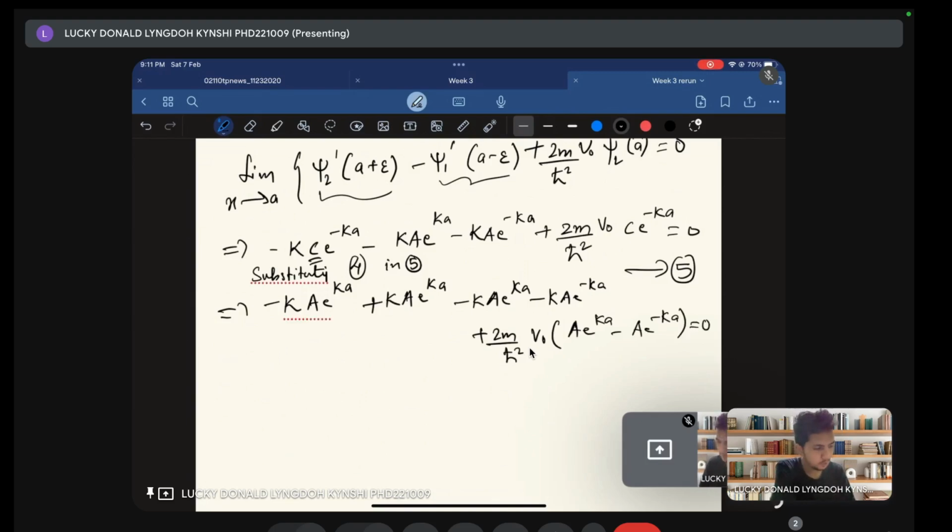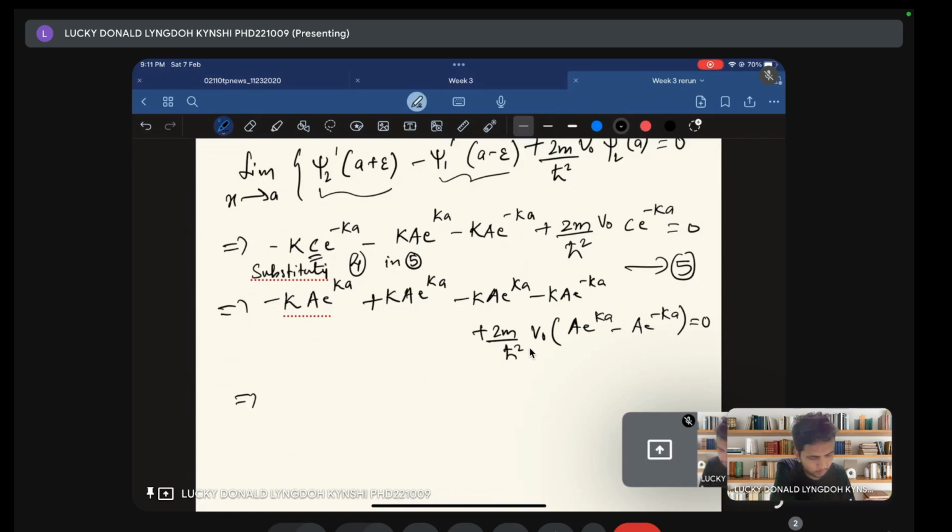Now you can see that the second and third terms you can easily reduce to 0 because they will cancel one another. So we get minus k A e to the power ka and minus k A e to the power minus ka remaining, plus twice m divided by h cross square v naught, again the same thing, A e to the power ka minus A e to the power minus ka, equal to 0.